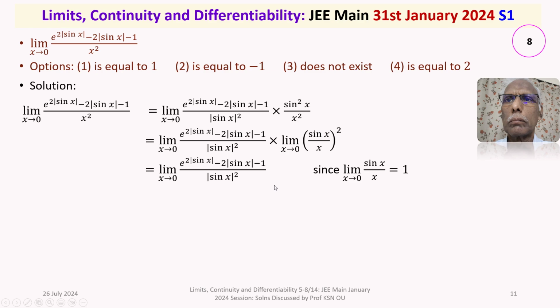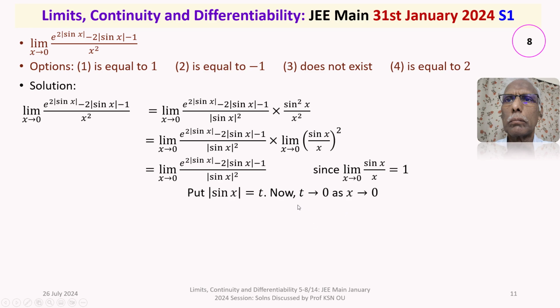Right. Now put mod sin x as t. Now as x tends to 0, mod sin x tends to 0, that means t tends to 0. So mod sin x is equal to t.